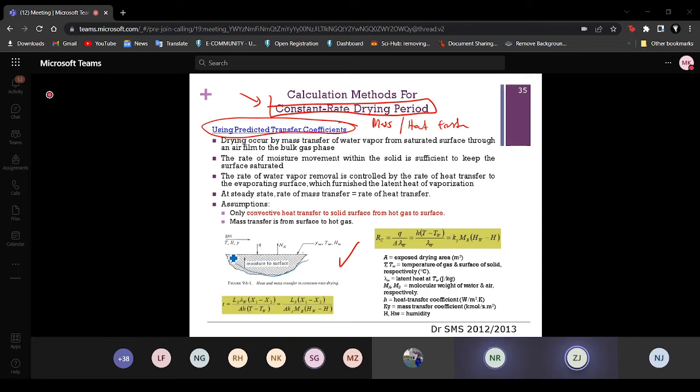You have moisture, you have the Q that is supplied, the gas is supplying, temperature, humidity, and the fraction. The Q that is given in, the heat that is given to the water. Just imagine this is the water film. And then with enough energy, the mass is moving. What's the mass? Mass of water becomes flux.